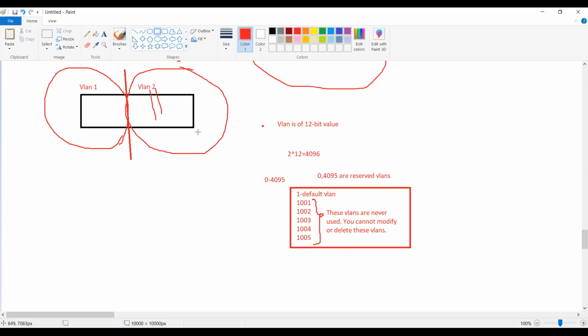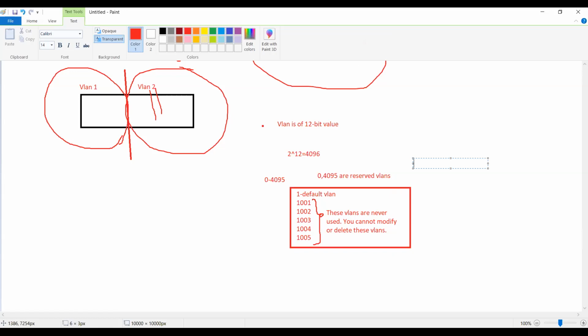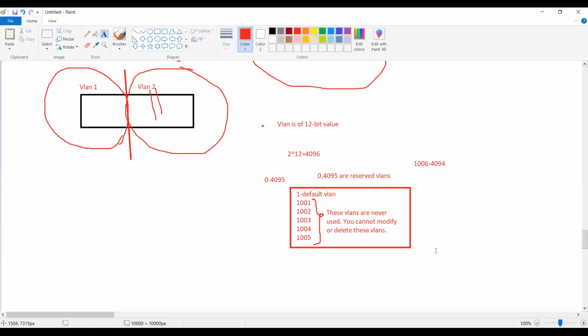Now, what are the leftover numbers? So this is the range of VLANs which we use.